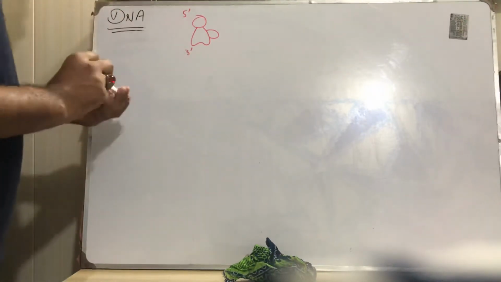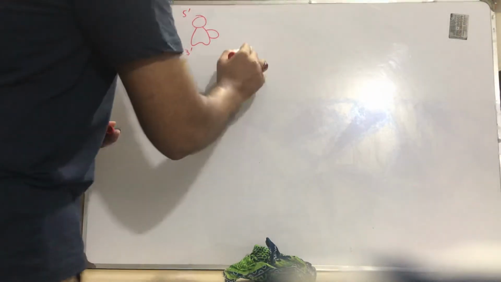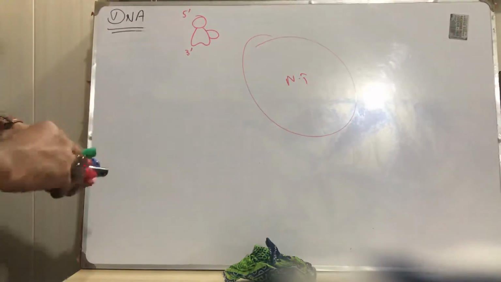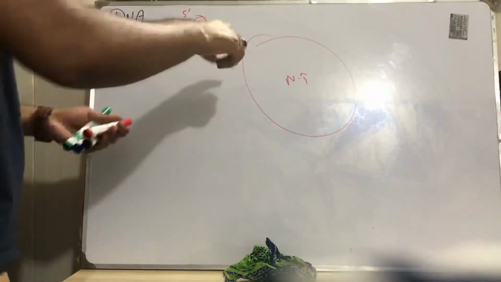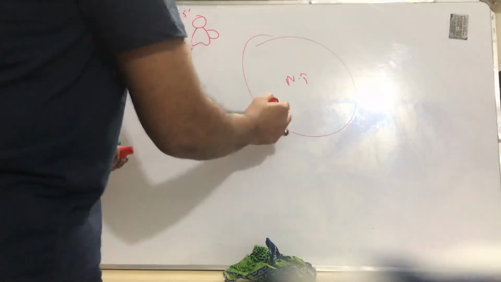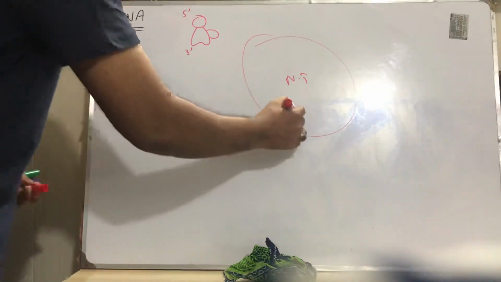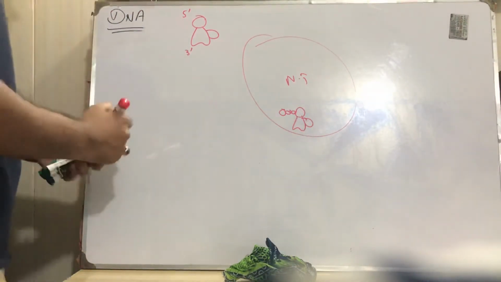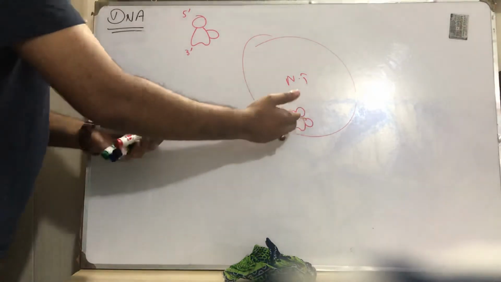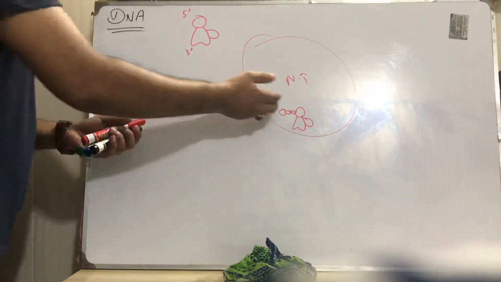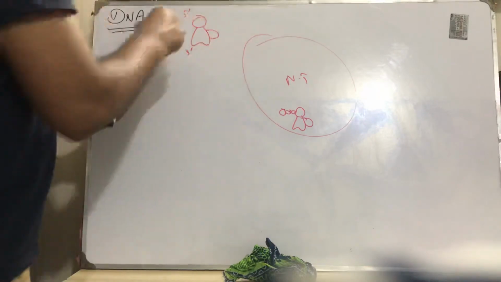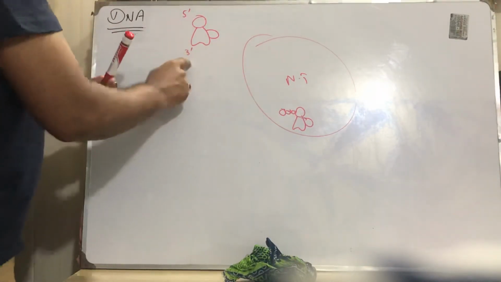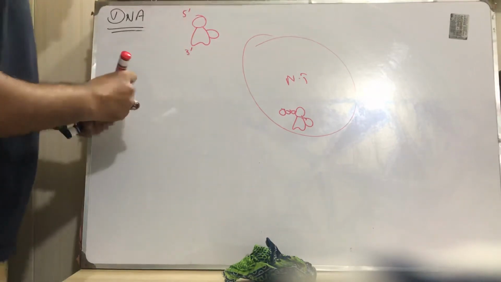I told you that in the cytoplasm there are many nucleotides in the form of triphosphate. Suppose this is the nucleotide we need for the new synthesis. The enzymes which synthesize the DNA take this nucleotide and attach it to this one.